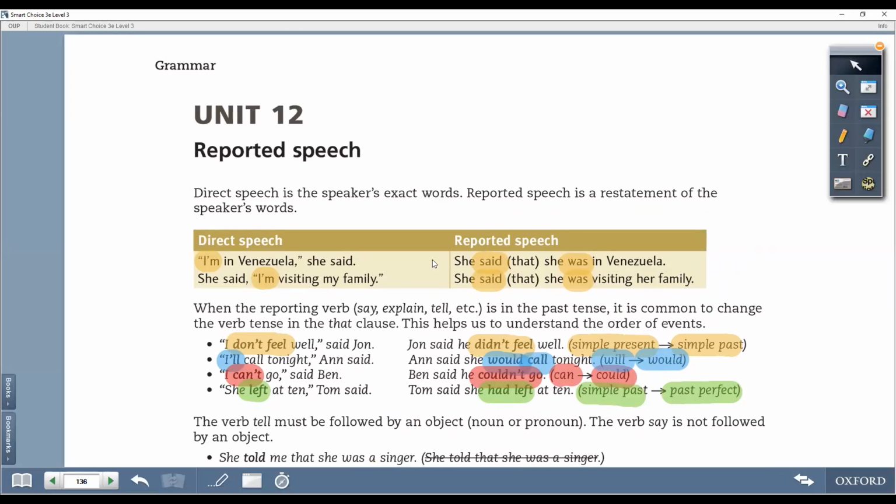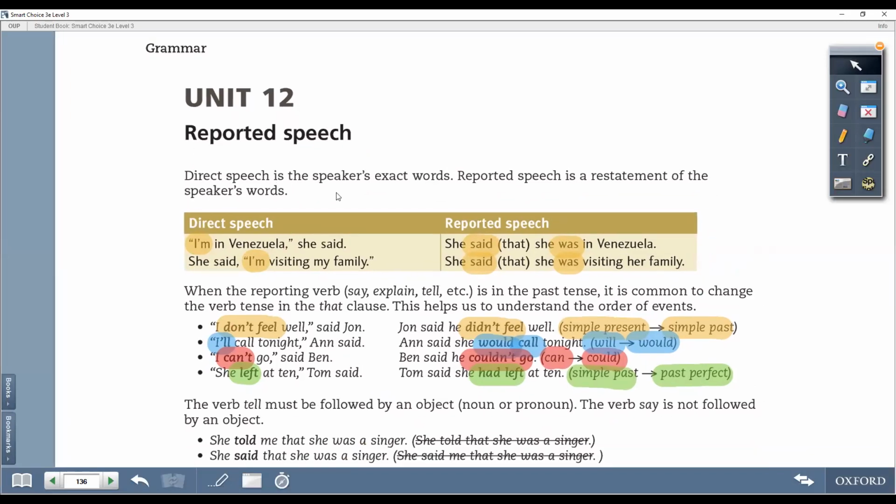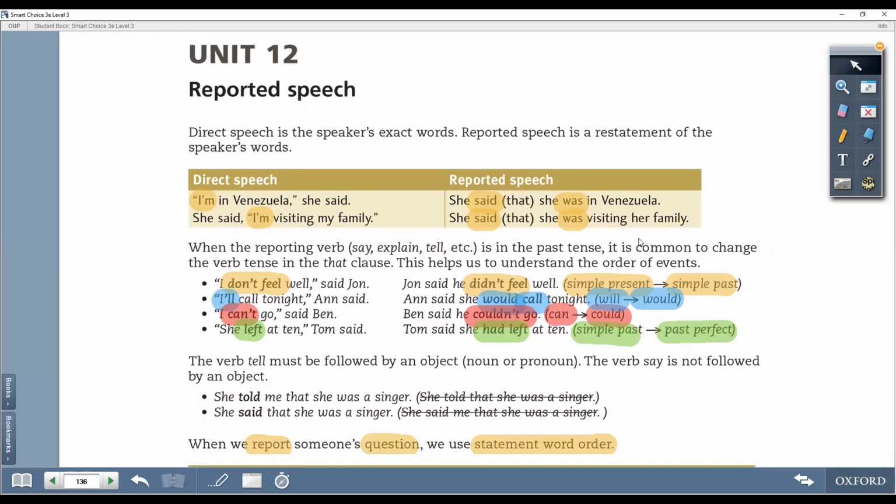Look, direct speech is the speaker's exact words. Reported speech is a restatement of the speaker's words. Okay? Example, if somebody says, I'm in Venezuela, she said. So here it's the direct speech. Now, reported. She said that she was in Venezuela.